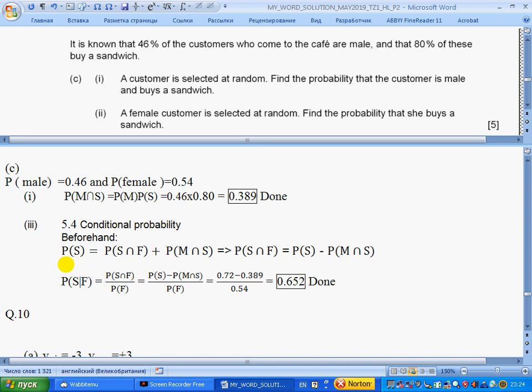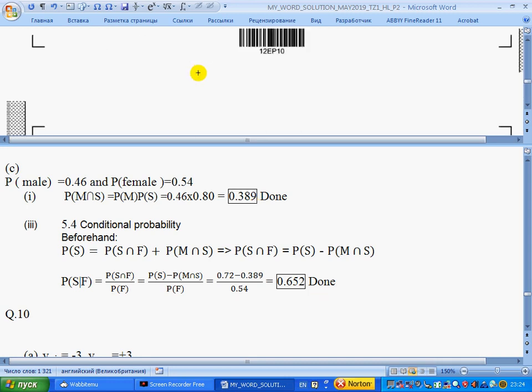Total probability of buying a sandwich is equal to probability of sandwich bought by female plus probability of sandwich bought by male. Rewriting this formula, we have an expression for sandwich and female at the same time. So we put the values here, one of the values we calculated in I, and we find the value. So question 10.